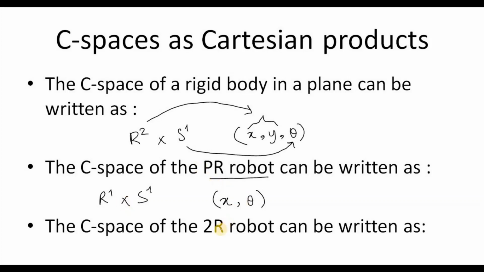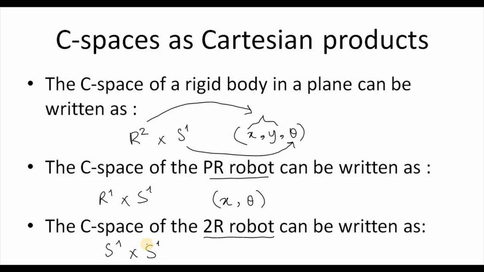The C space of a 2R robot can be written as, so what is a 2R robot? A 2R robot is a robot having two revolute joints. So this can be written as S1 cross S1. So one circle and then another circle we have.